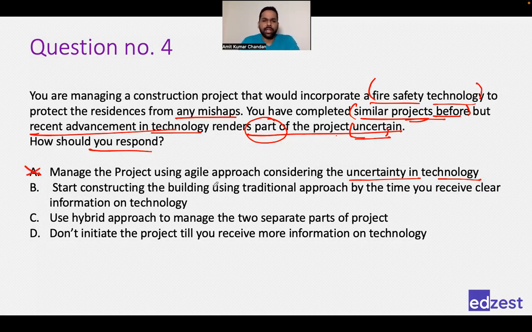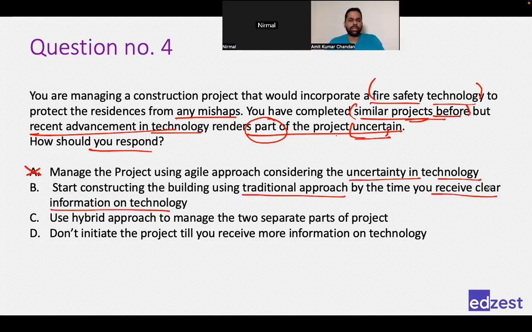Start constructing the building using the traditional approach by the time you receive clear information on technology. This option is again saying the same thing, that we are waiting without understanding the impact of what would happen. Let us start constructing by the time we receive clear information on technology. What if we don't?